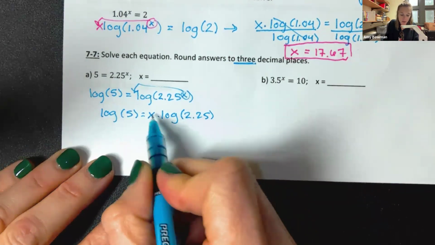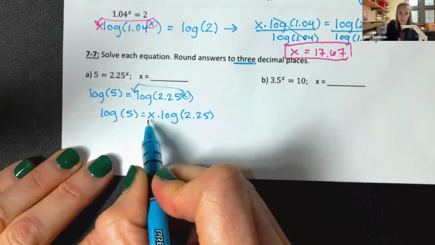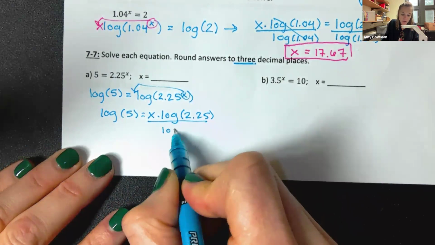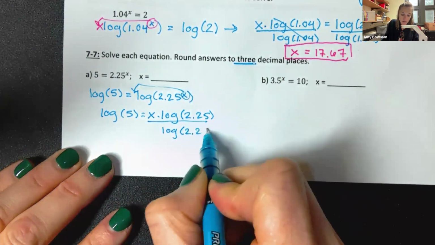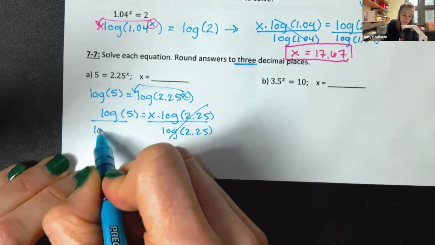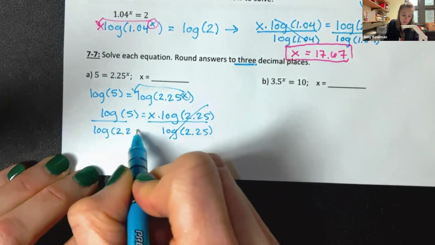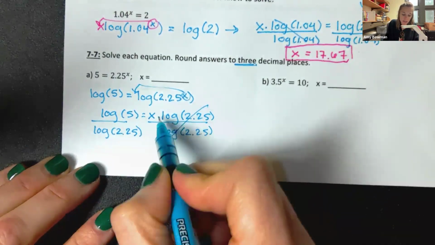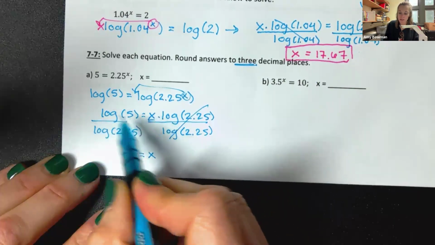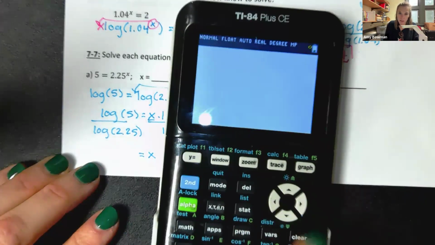We are no longer solving for something stuck in an exponent. Now it's just being multiplied by log of 2.25. So we can divide by log of 2.25, both sides. Cancels out on the right. And then we've got x by itself. We just need to evaluate this, which is where our calculator comes in handy.